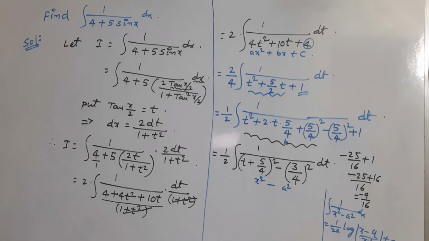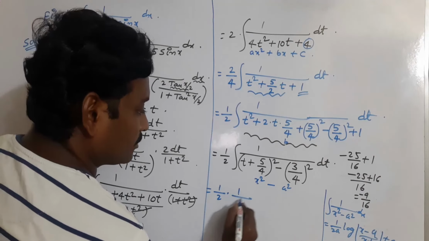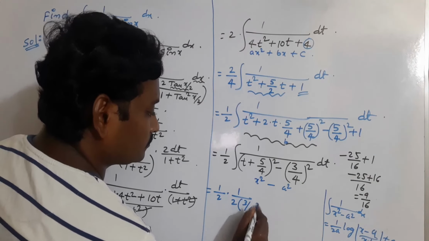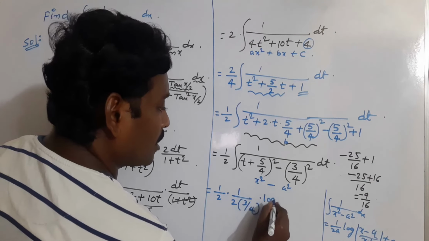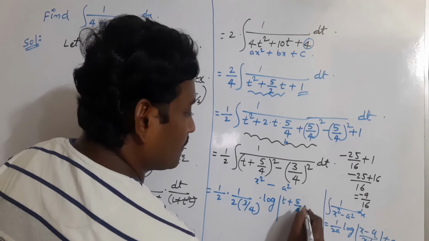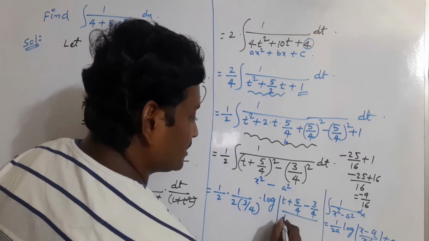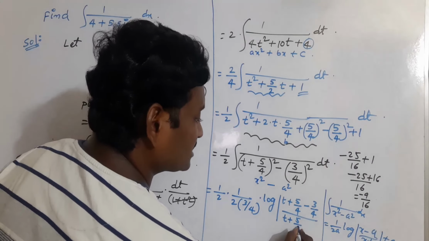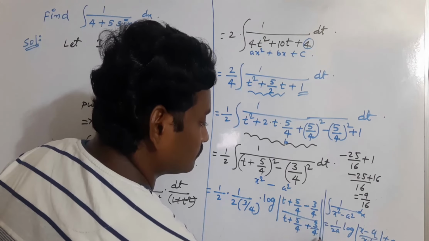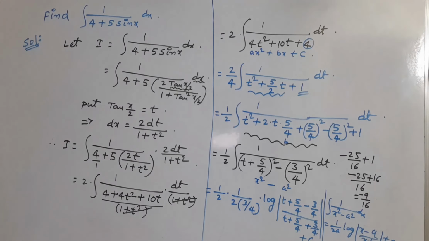According to this formula, this becomes half into 1 by 2a. 2 into what is a value? 3 by 4 into log mod t plus 5 by 4 minus 3 by 4 over t plus 5 by 4, x value is t plus 5 by 4, a value is 3 by 4 plus c. I will write the next step here, c.